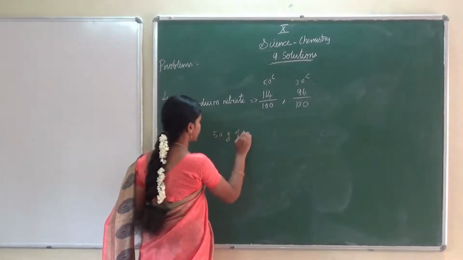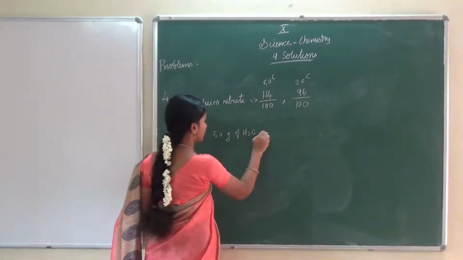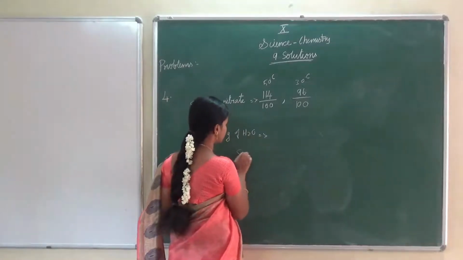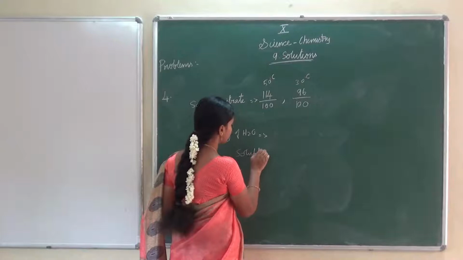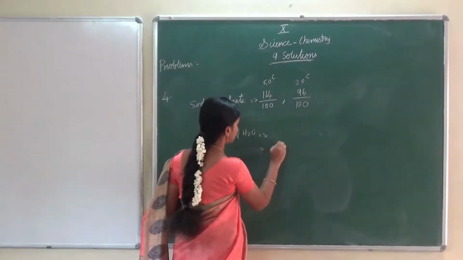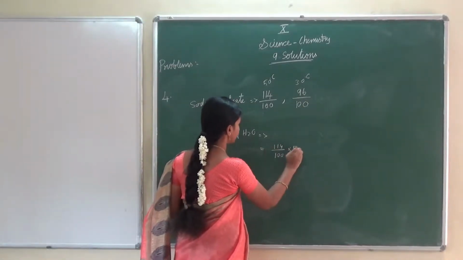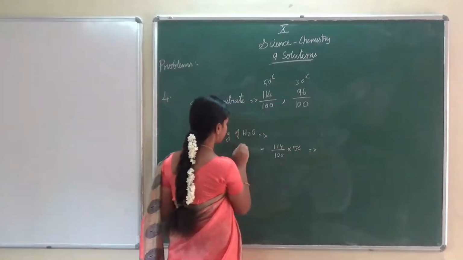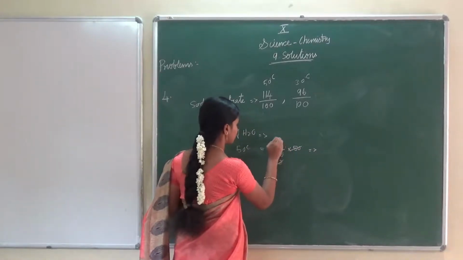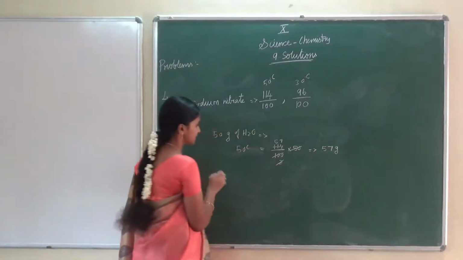For 100 gram of water it is 114. Then for 50 gram of water, the solubility is 114 divided by 100 into 50. Okay, this is at 50 degrees Celsius. So it is now 57 gram at 50 degrees Celsius.